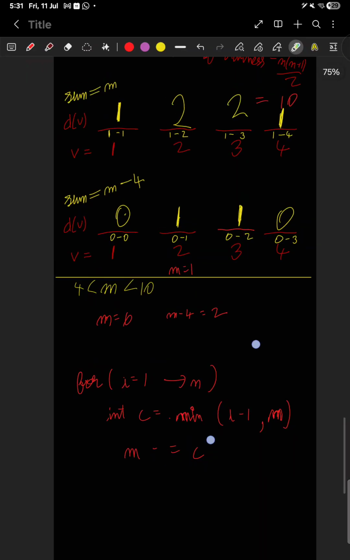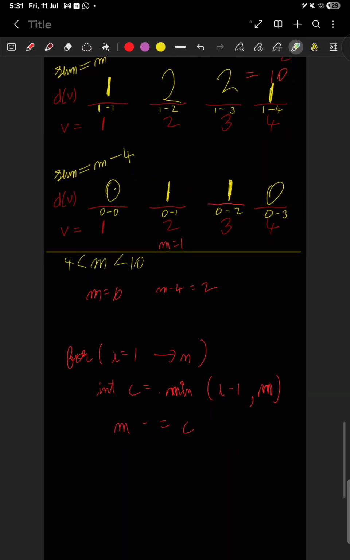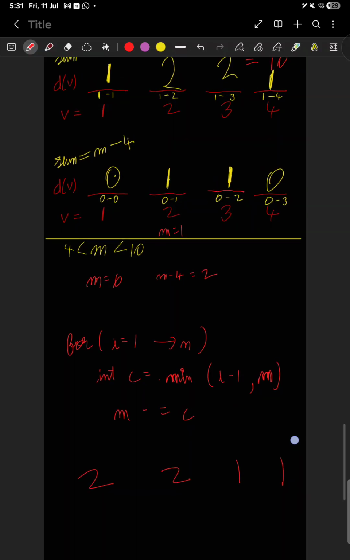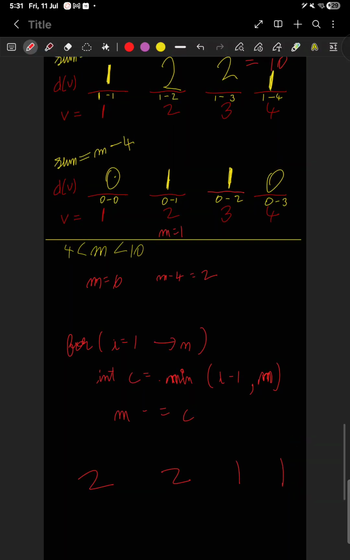So it will be arranged in the decreasing order of the first value of pairs. What would it become? It would become 2, 2, 1 and 1. These are the values of divineness of the tree, and the divineness should always be in decreasing order.